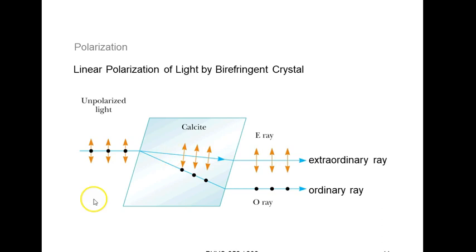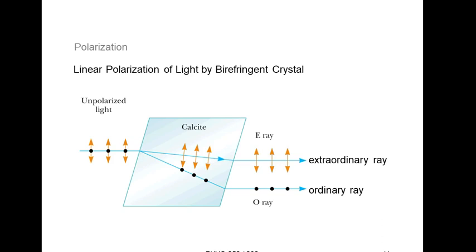So this picture is trying to represent that. In this incident beam, you see that the electric field component could be vertical, as you see with the orange arrow, or could be coming in and out of the screen, as you see with these dots. So again, that's representing the fact that unpolarized light coming into the crystal could have a component of electric field that is vertical or in and out of the screen.